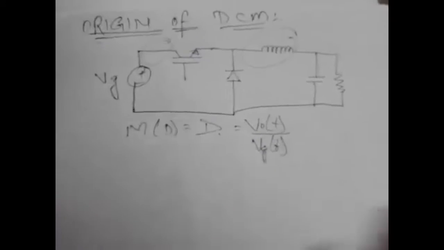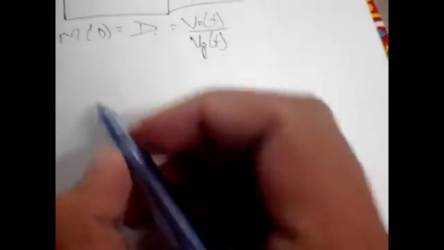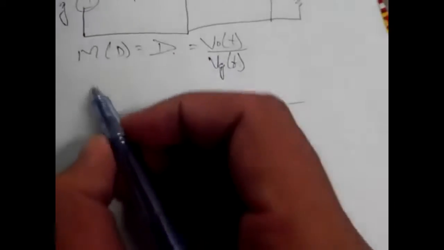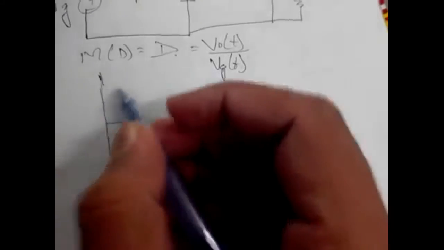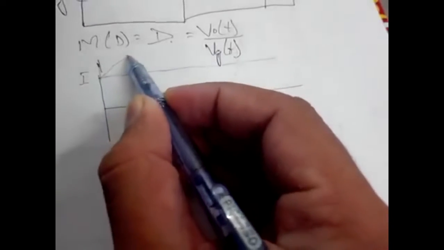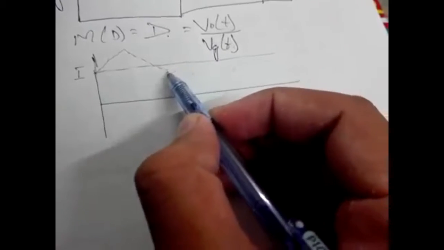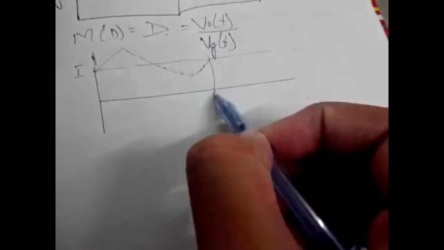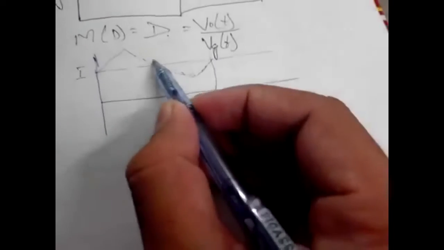Now the inductor current ripple which we get, as we already discussed in continuous conduction mode, let's suppose this is the I DC current, that ripple will look like this.